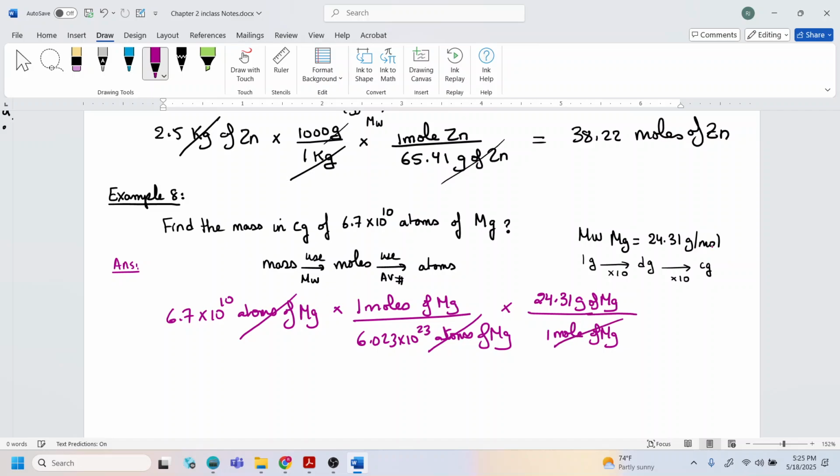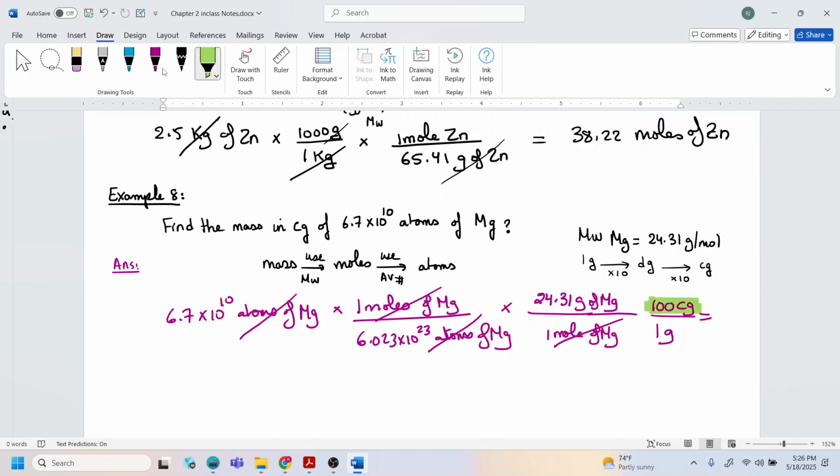Whenever I do this, you guys, take a look. My answer is now going to be in grams of magnesium. So I can simply change that into centigrams by knowing that 1 gram is 100 centigrams. Every time, whatever you want to find has to be in the numerator.